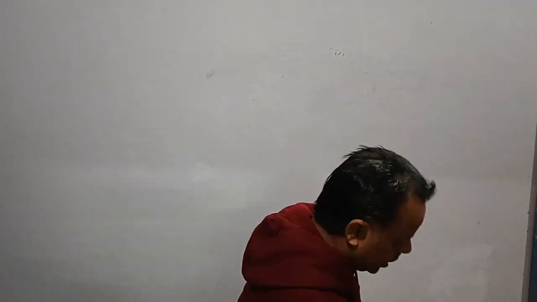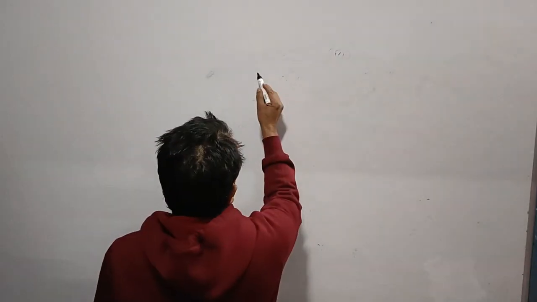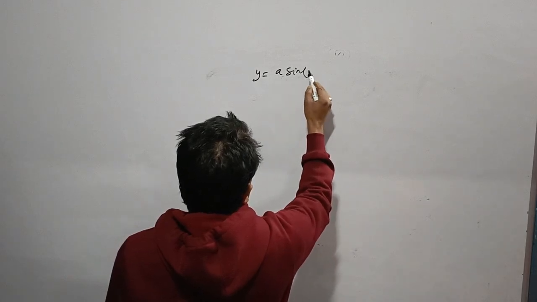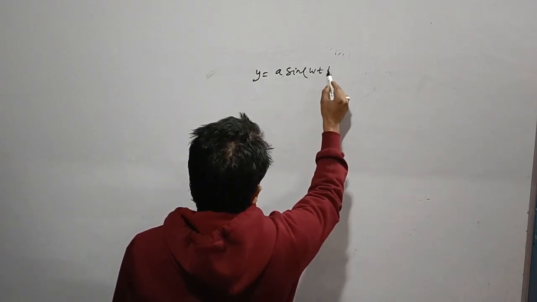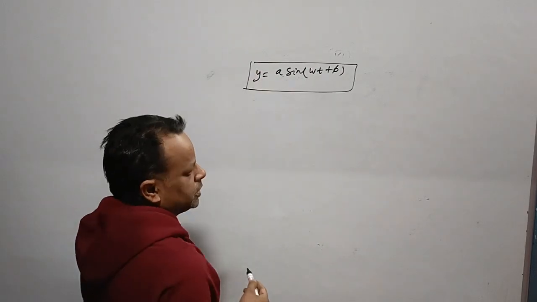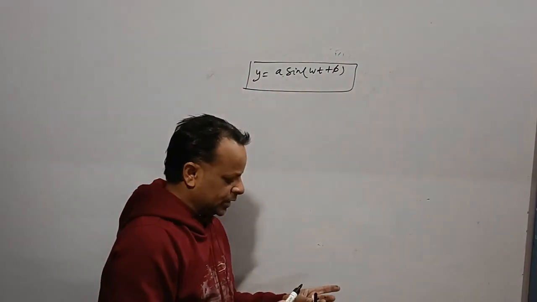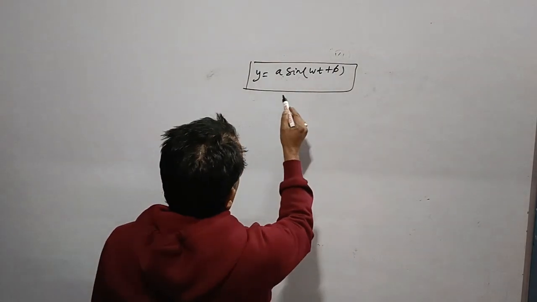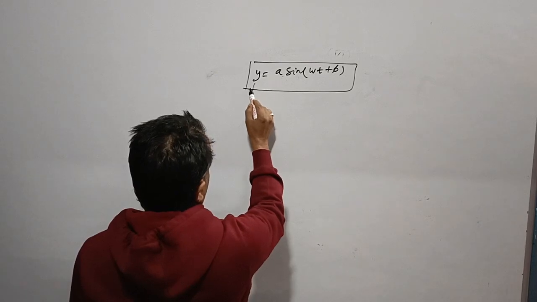See, a simple harmonic motion is represented by y equals A sine(omega t plus phi). This is the displacement of SHM. Y is basically displacement.